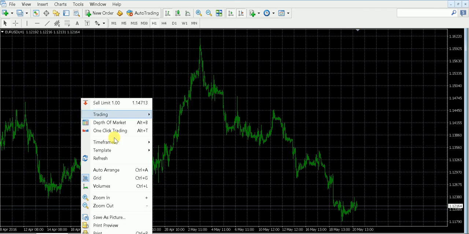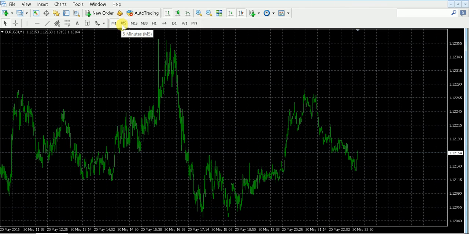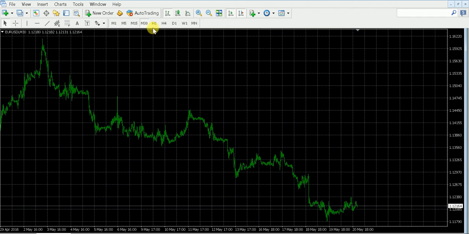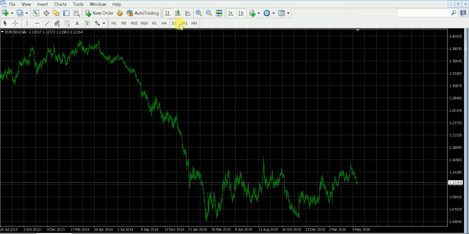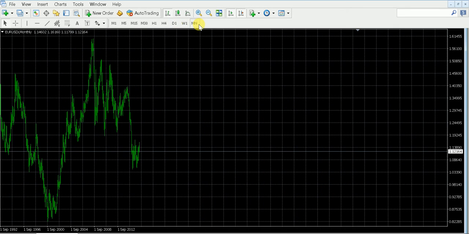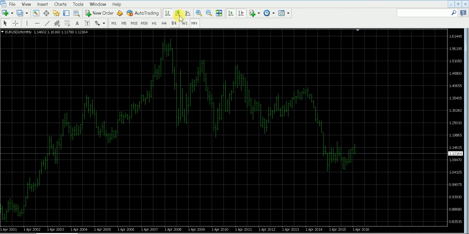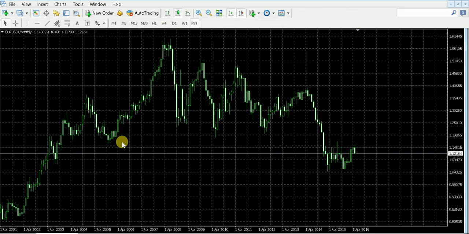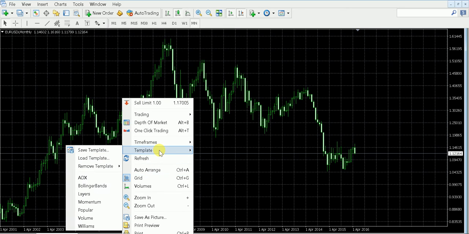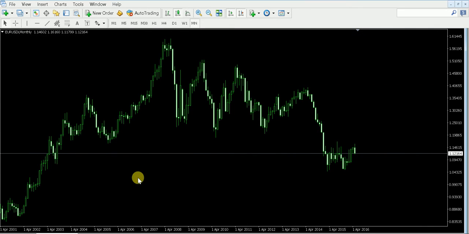Up here, you can, of course, adjust your time frames. We have the 1 minute, 5 minute, 15 minute, 30 minute, hour, daily, weekly, monthly. All of these charts are going to show you longer time periods. They may all look the same, but there's quite a bit more money the longer you get.